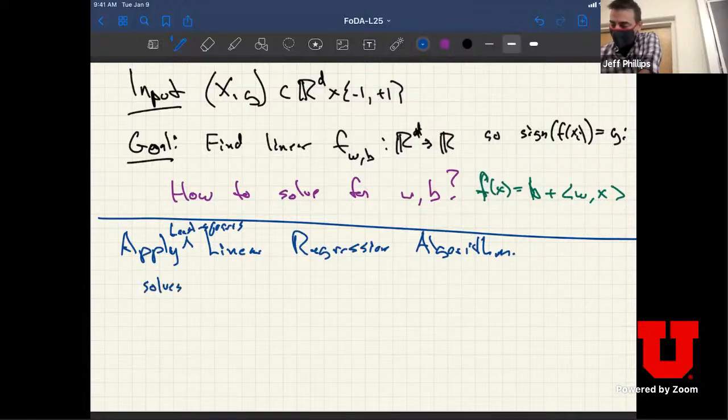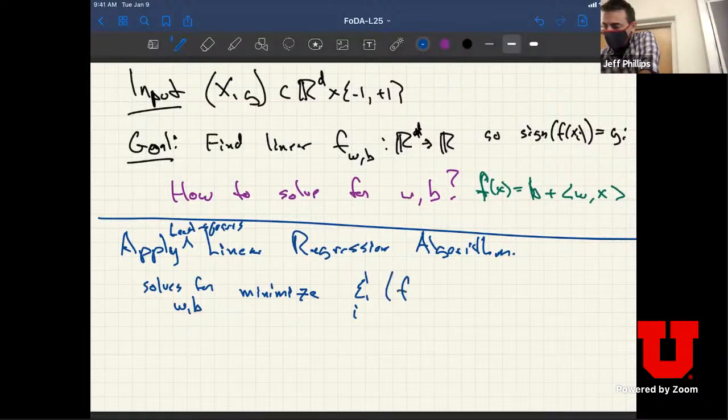It solves for w, b to minimize the sum over i of f of xi minus yi, squared. So we're looking at this difference as the residual, squaring it, and trying to minimize the sum of those.